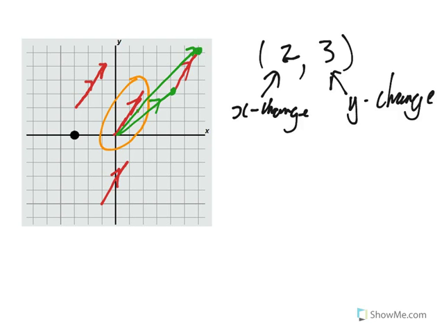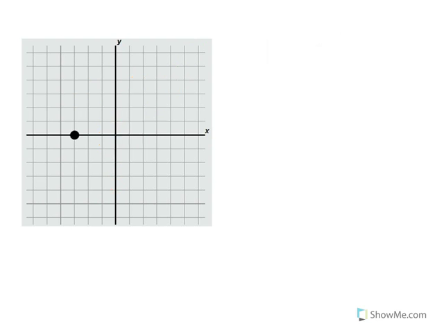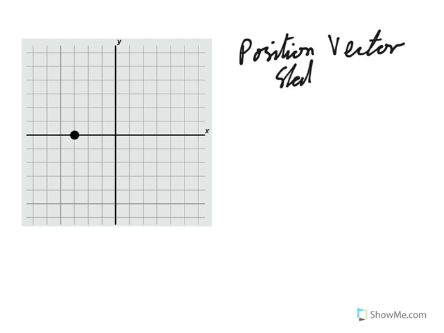Those vectors that start down here at the origin are what we call position vectors. So let's clear our drawings. Position vectors start at the origin. Position vectors are far more useful.